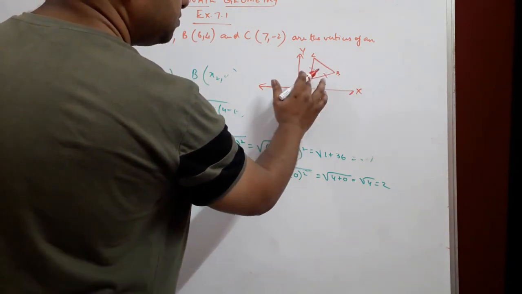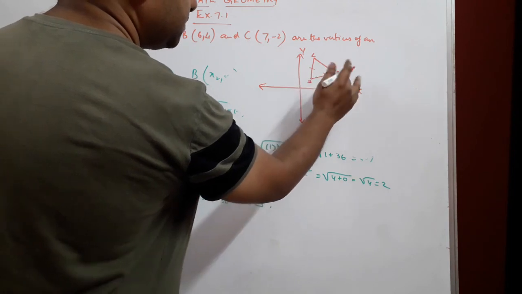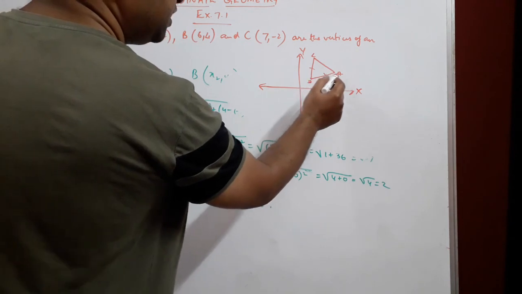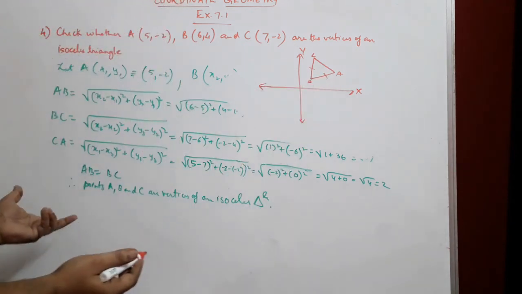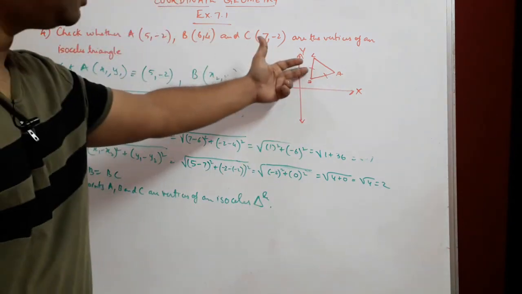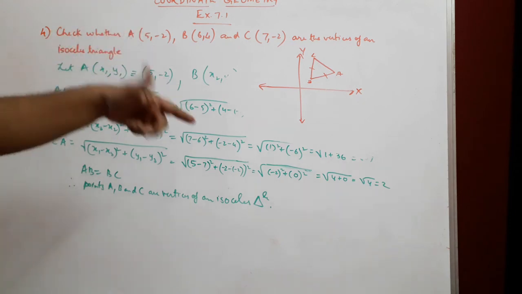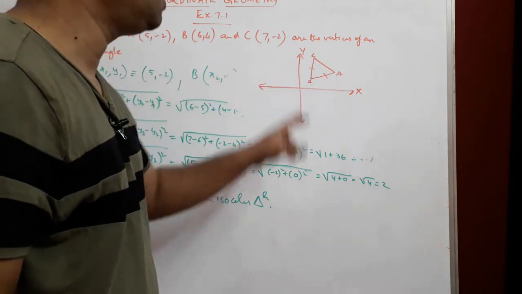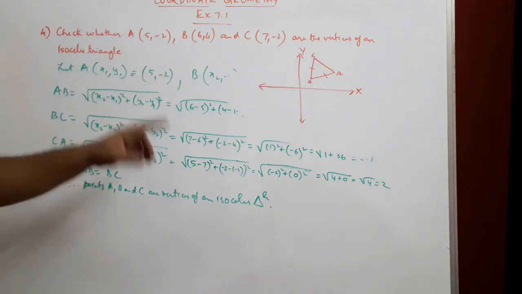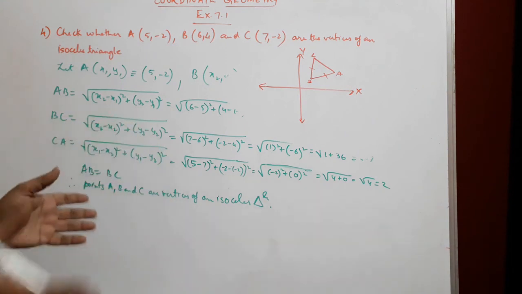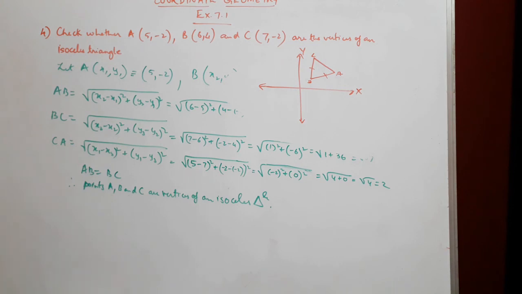So maybe we can take this as B, and this as A, and this is C. Then AB becomes equal to BC. That is how it comes when you draw a graph. So by working, we can find out whether the points plotted on this Cartesian plane actually form an isosceles triangle when the points are joined or not. Okay. So this is how we solve such problems.